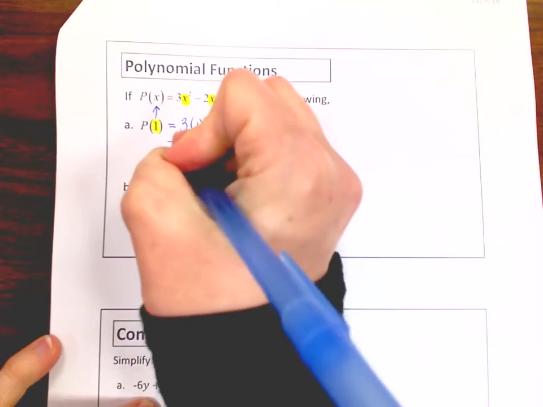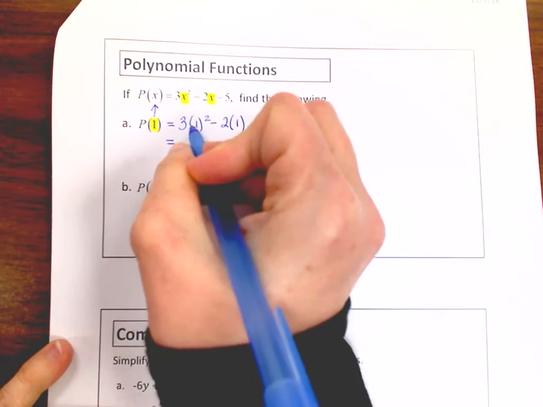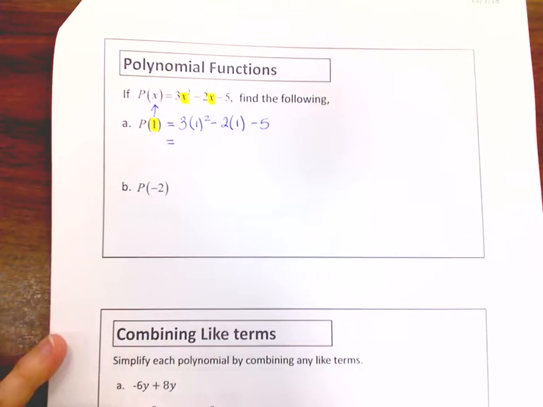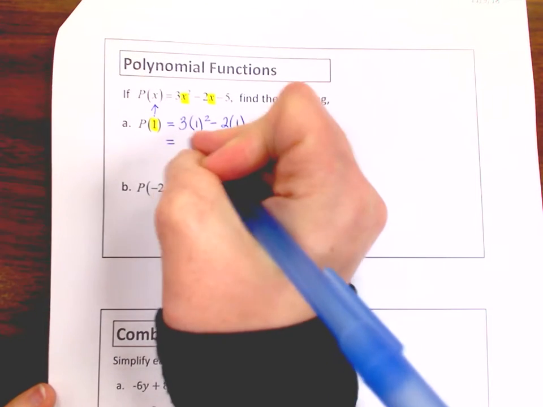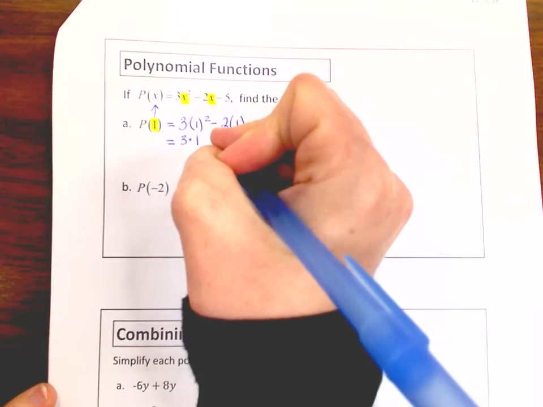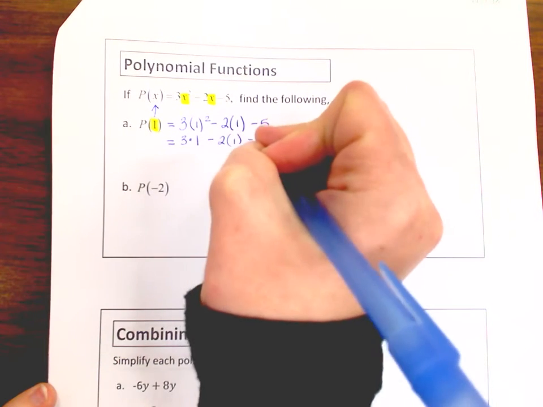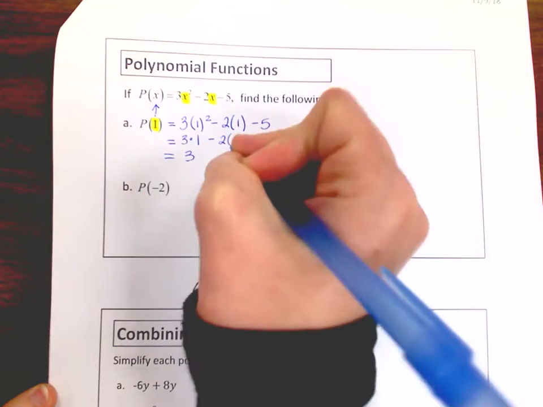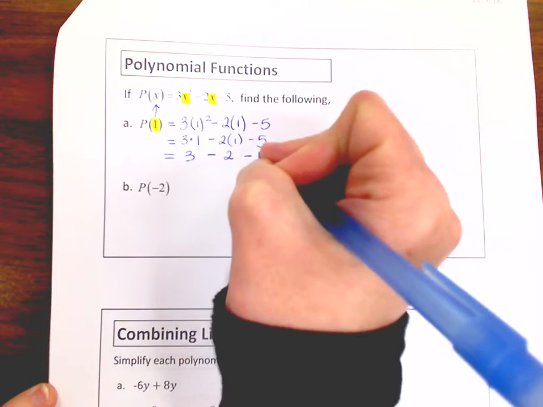Okay, so let's use our order of operations. Looking left to right, we don't see any parentheses except these, but these are indicating multiplication, so we go on to our exponents. And 1 squared is 1, so we have 3 times 1 minus 2 times 1 minus 5. Okay, 3 times 1 is 3, 2 times 1 is 2. Put a minus sign in between there.